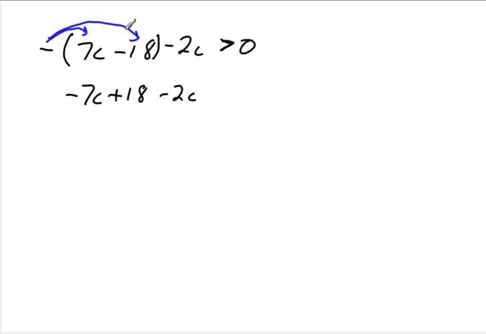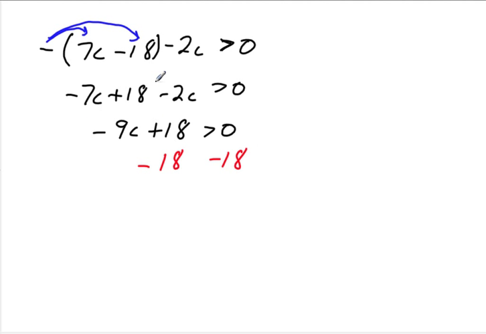The minus 2c is not affected because the subtraction sign here is right next to the parentheses, and the parentheses end at the 18. Now we can combine like terms. Negative 7c minus 2c is negative 9c. 18 and 0 are like terms, but since they're on different sides of the inequality, we have to do a balanced approach here by subtracting 18 from both sides.